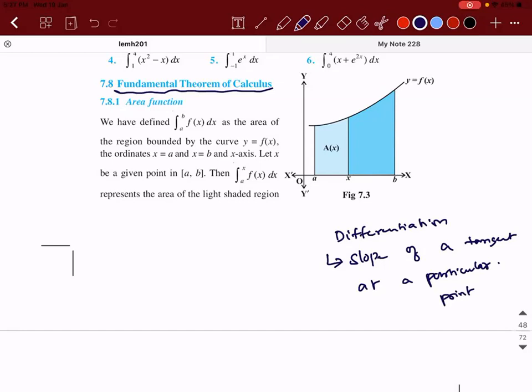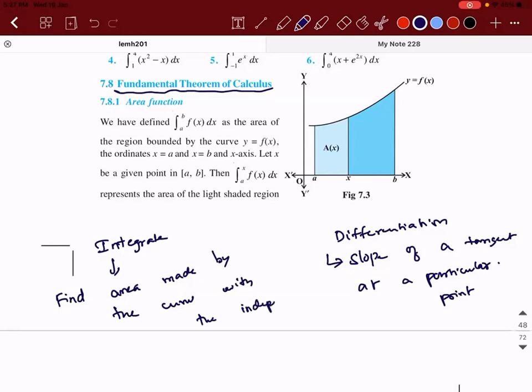Similarly, why do you integrate? Integration is done to find the area made by the curve with the independent axis.